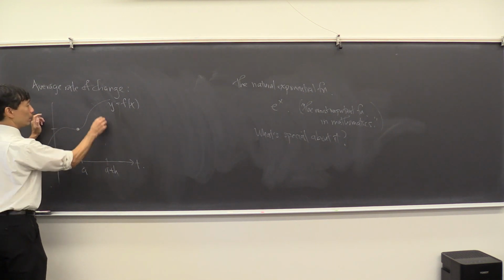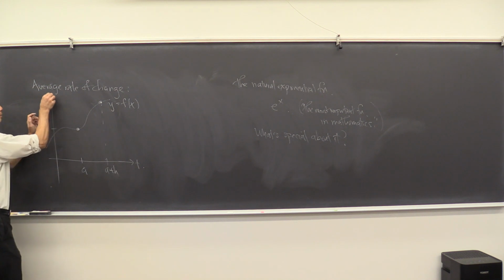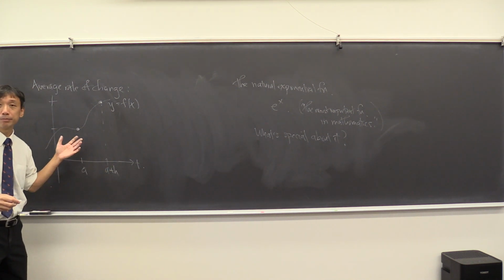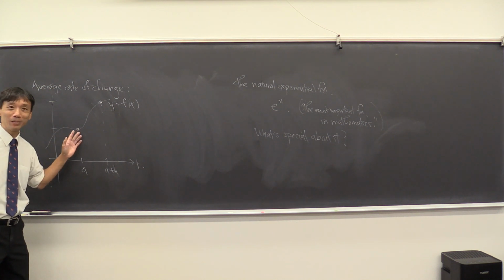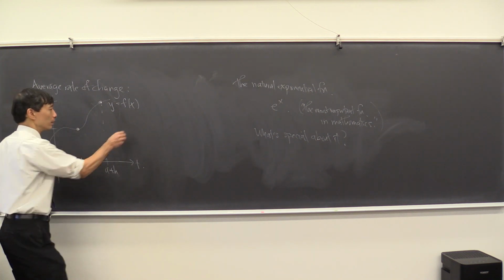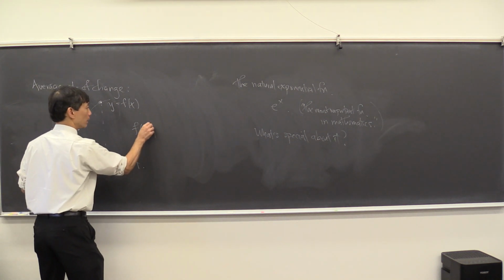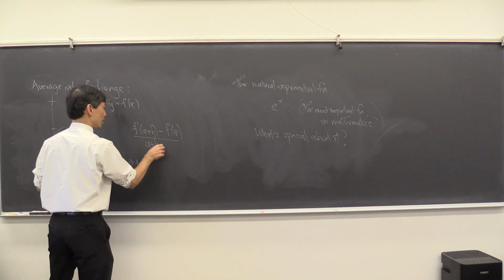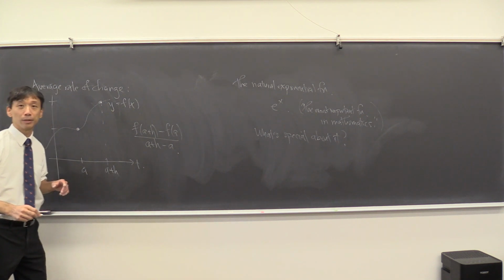What's the average rate of change? Somebody tell me. Nobody remembers? It's okay. Yes, f of a plus h minus f of a over a plus h minus a, right?